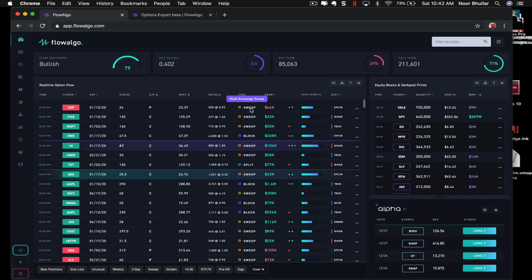The reason it happens is because when you're on a particular exchange, you may not have enough stock available or enough inventory on that particular exchange to be able to fulfill what you need. But once you start sweeping across multiple exchanges, it also shows urgency on the part of the institution that they really want to get their hands on this particular equity or option, and they want to do it very quickly.